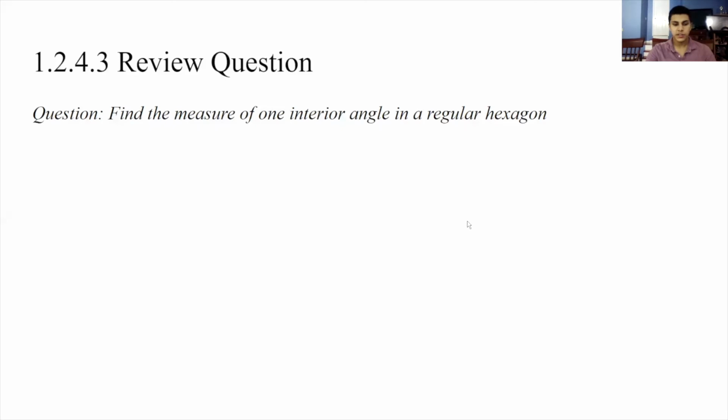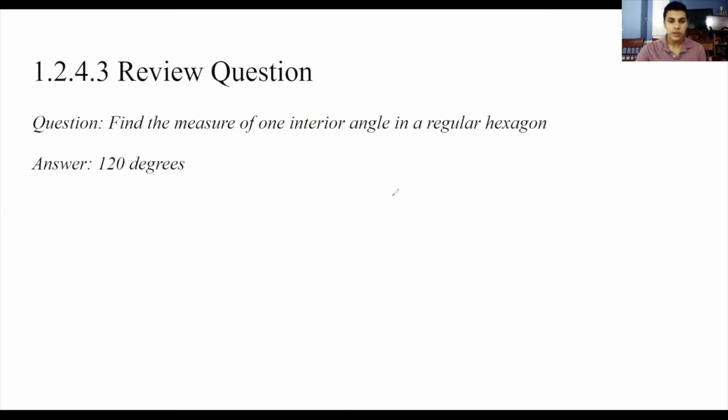So the correct answer to this question was 120 degrees. The way that we find this is we need to use our formula in regular polygons to find the measure of one interior angle, and that's our adapted n-gon formula. Because we know that to find the measure of one interior angle, you need to find the total number of degrees in the shape first, and then divide by the total number of angles.